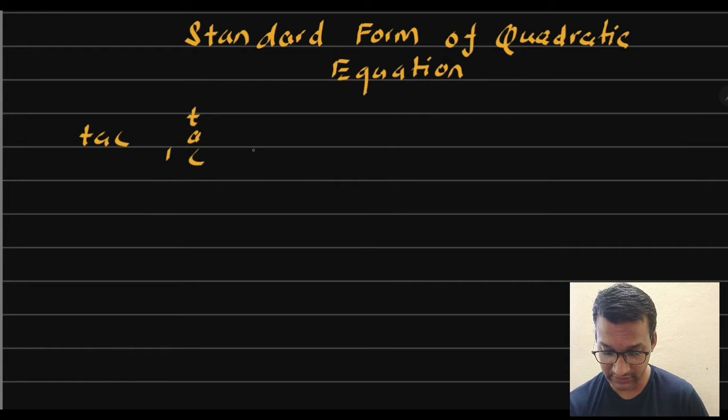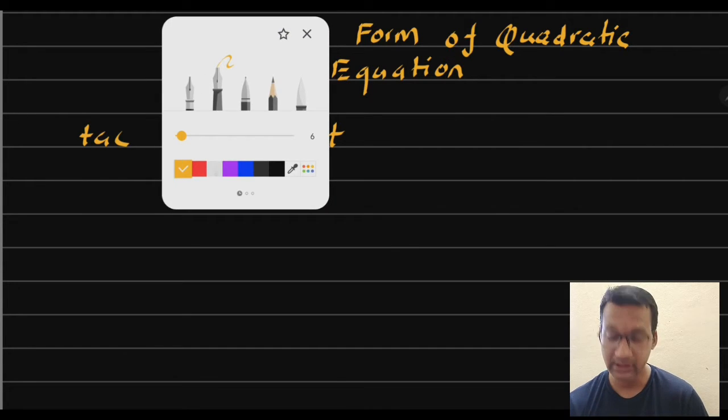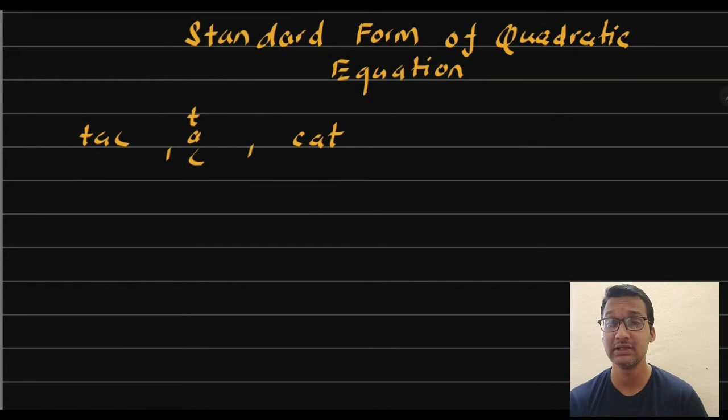Or if I write it like this, now it reads cat. All other ways of writing the same word are wrong. In the same way, in a quadratic equation there is a proper way of writing this equation, a proper way of writing this quadratic expression.